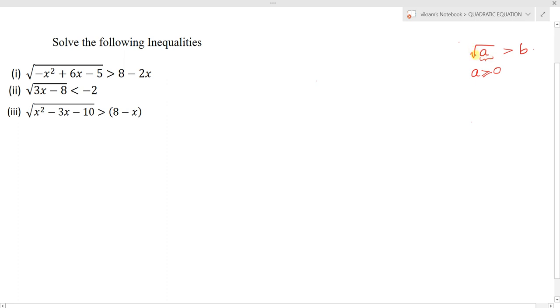So a must be greater than or equal to 0. To exist the square root of any quantity, the quantity must be greater than or equal to 0.